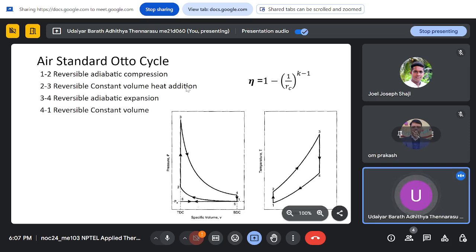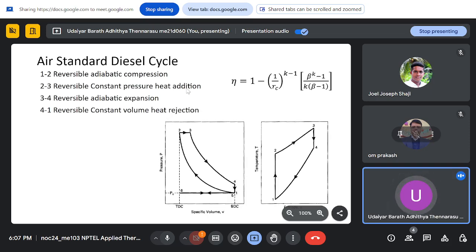A slight variation to this is a diesel cycle. So in this case your heat addition is not happening at constant volume, but it is happening at constant pressure. So this is similar to a diesel engine. That's the variation.